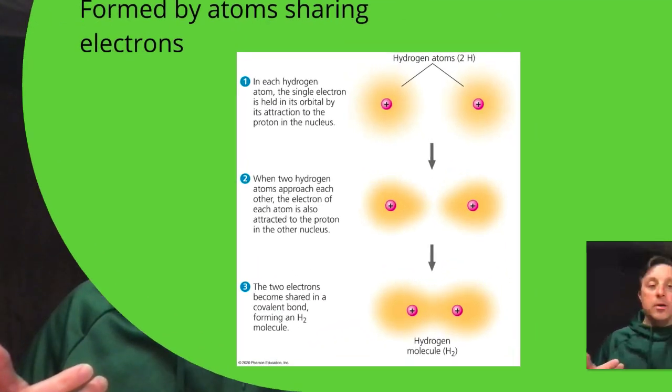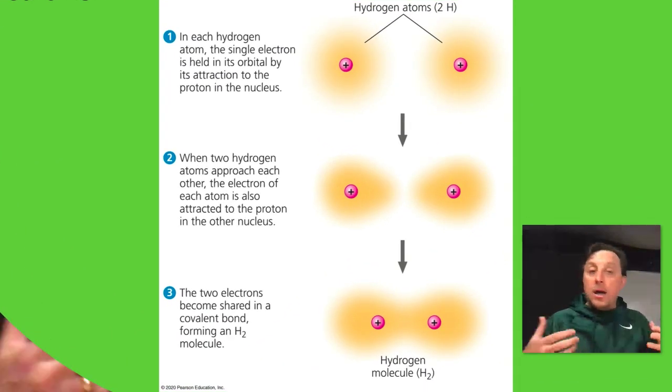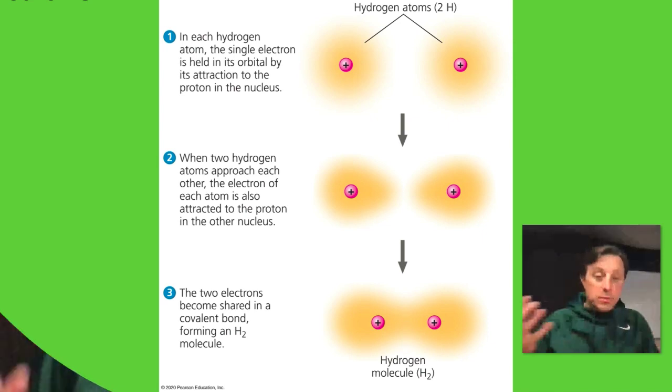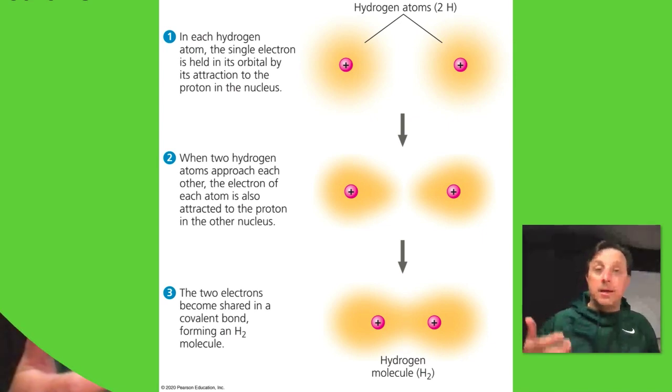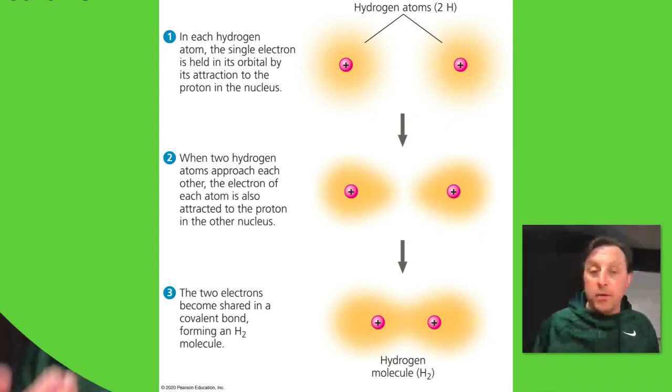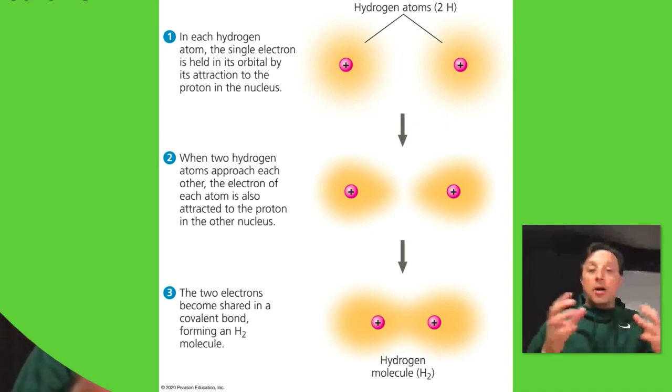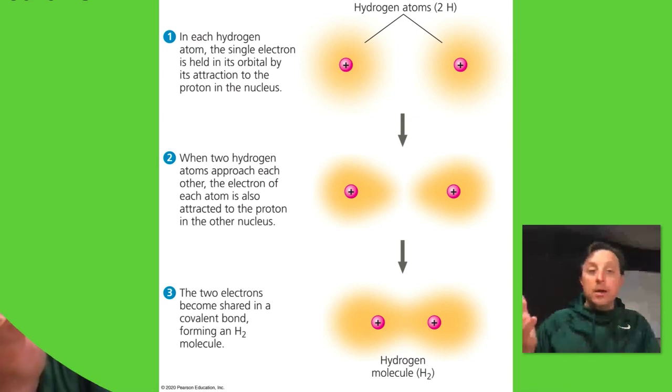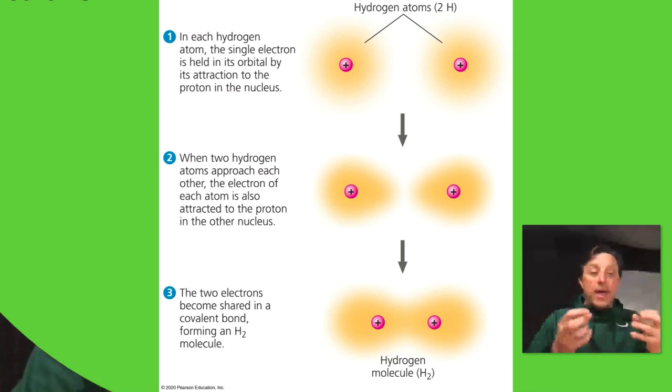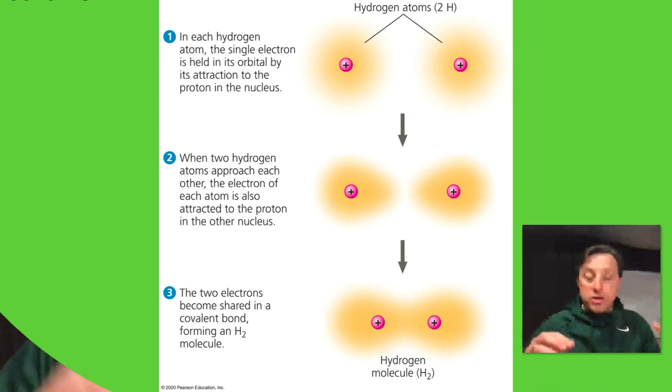For example, here we have the covalent bond being formed between two hydrogen atoms. Obviously, these will have the exact same electronegativity value. So these electrons are shared, so the electrons will now be orbiting around both nuclei, and that holds the atoms together, right? These shared electrons.